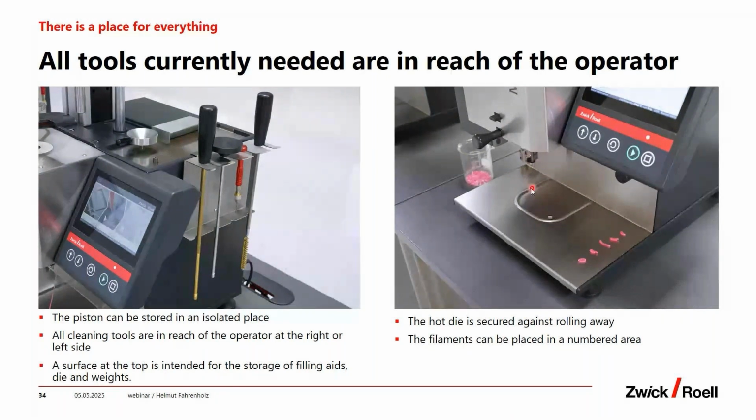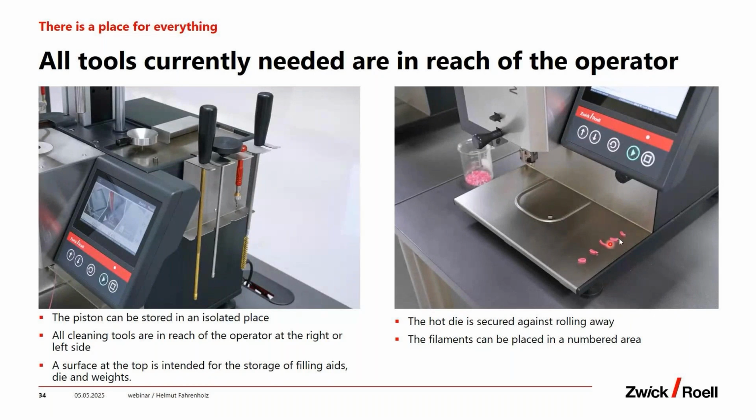Here on the base platen, you have a little board that avoids, when you take out the die and it falls down, that it rolls away. As the die is very hot, you have the reflex to grab it by hand, and this is not so good for your fingers. Therefore, we put a little something here in the base plate so that the die cannot roll away.